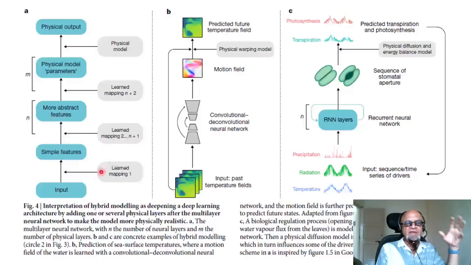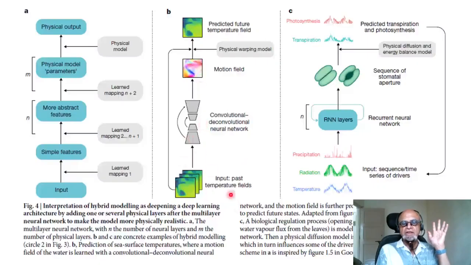So a lot of reprocessing and physical interpretation or pattern recognition, let's say in simple words, has happened to provide input to the physical model, which then is expected to give more accurate physical output in some simple way, if you can imagine it.